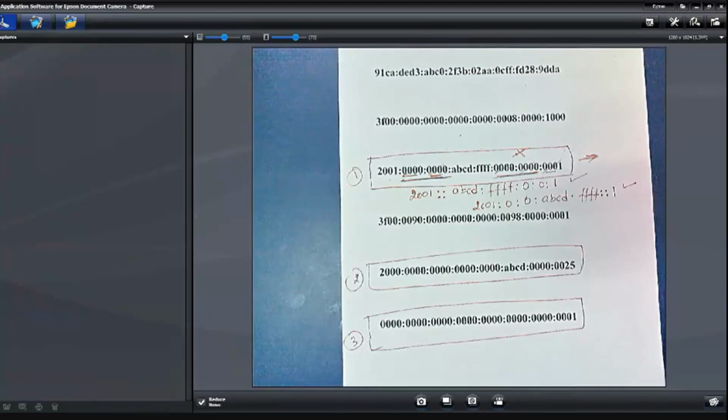Okay, remove the continuous zeros. Still some students are making logical mistakes. 2000, you cannot remove. 2000 is the real value, and now you are writing it as 2.